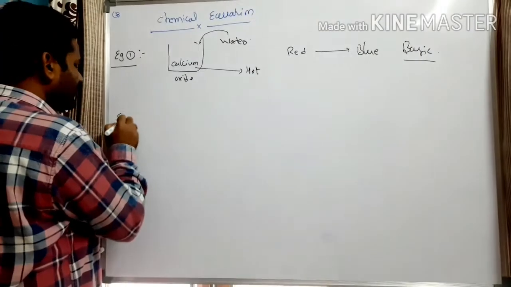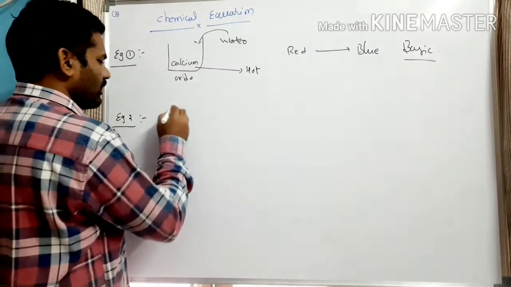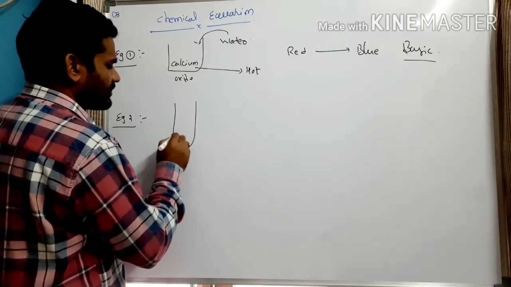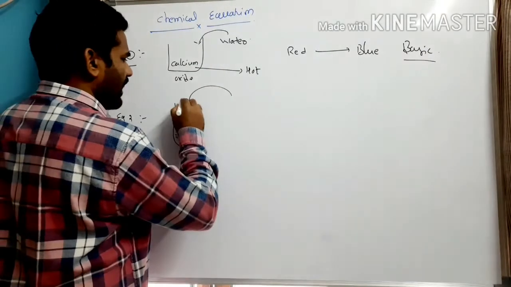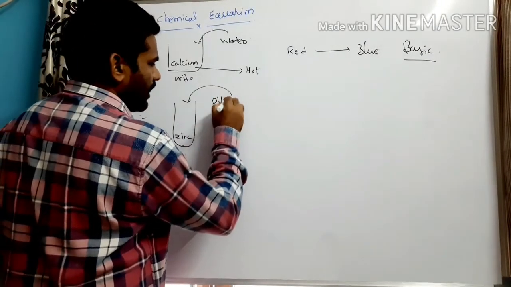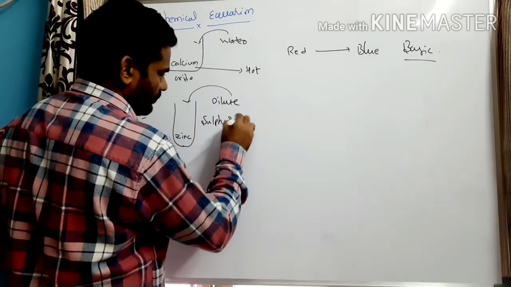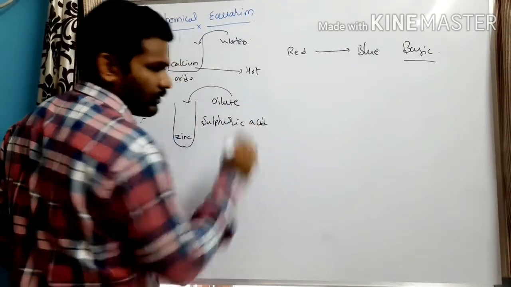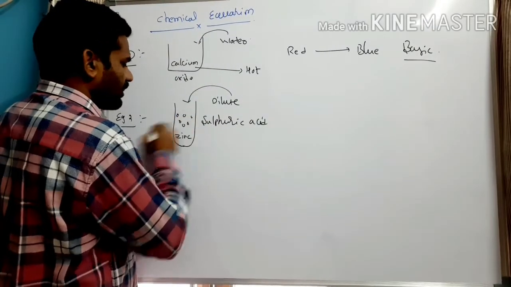We have already seen the second example. In the second example, you have taken the zinc granules in a test tube and we have added dilute sulfuric acid to it. After some time, air bubbles are coming out.